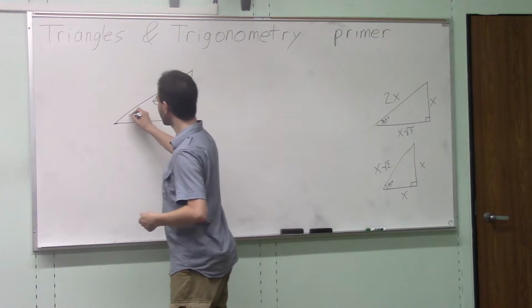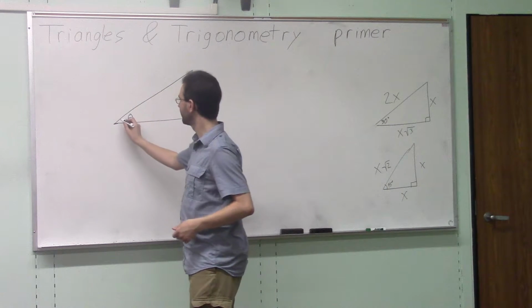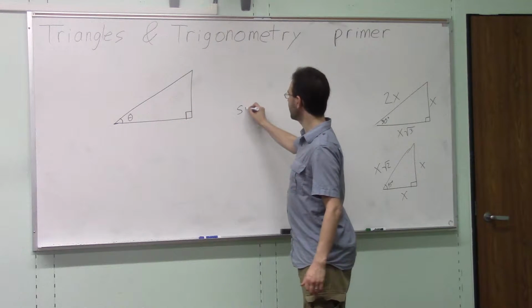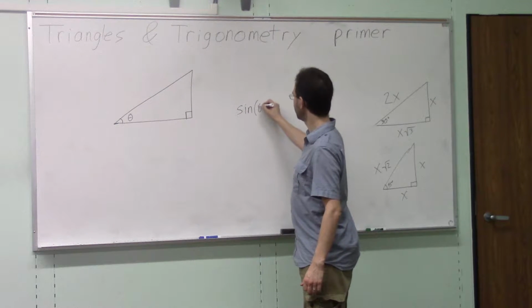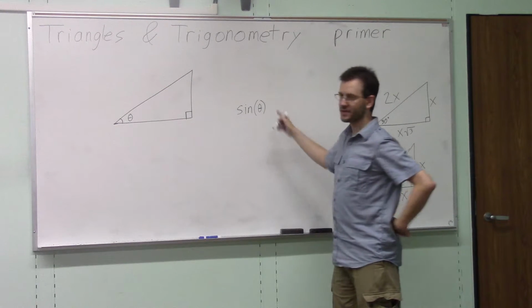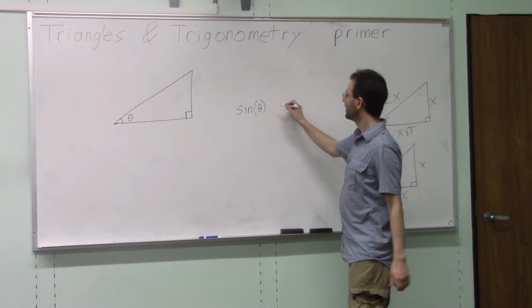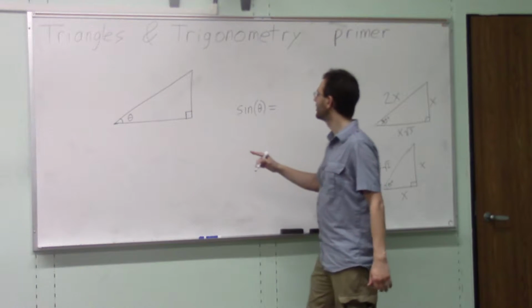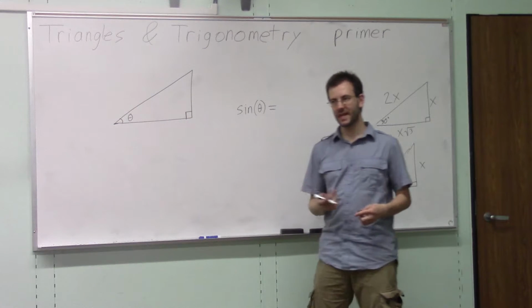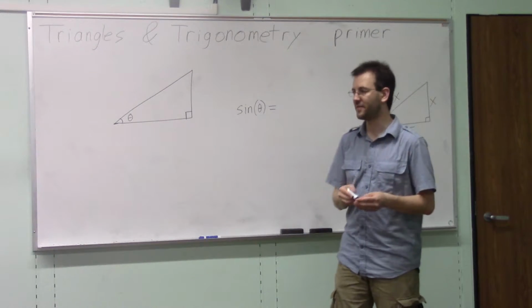If this is the angle from which you're looking, then the sine of that angle, this is how it's written in mathematical notation, the parentheses are optional, is the... basically what they did is they came up with a long table of values.